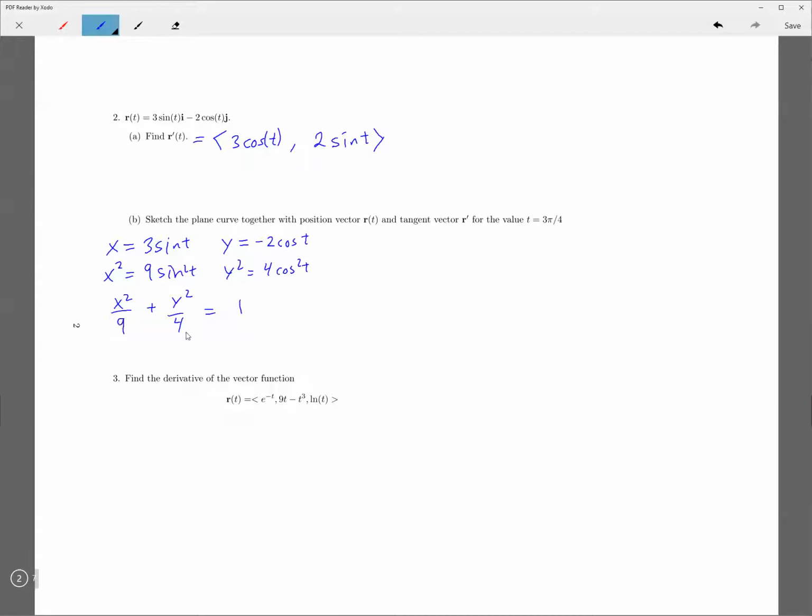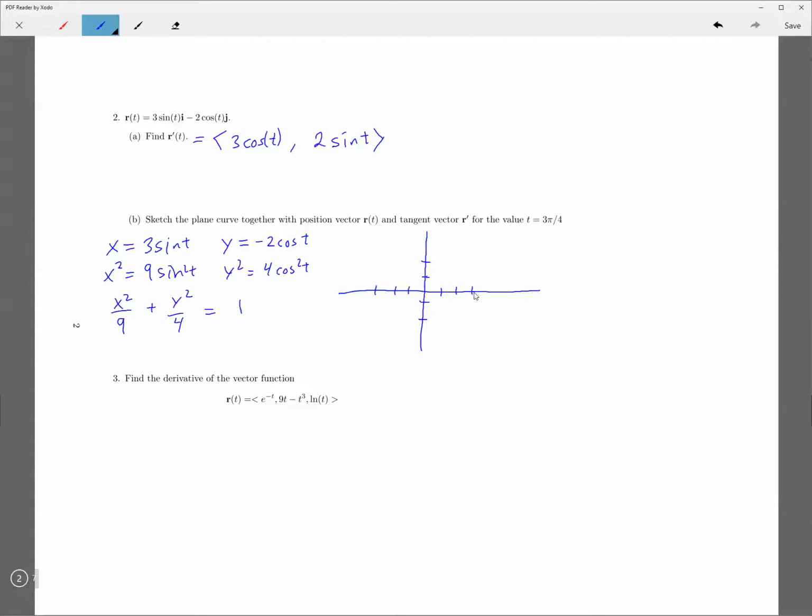And we know what this is. This is the equation of an ellipse. It goes out 3 in the x direction from the middle on both sides, and because that's 3 squared and this is 2 squared, it's up and down by 2.